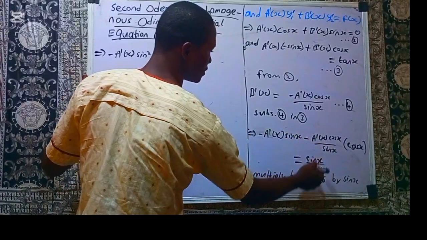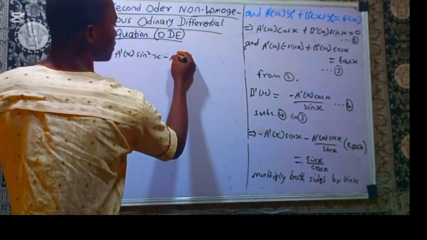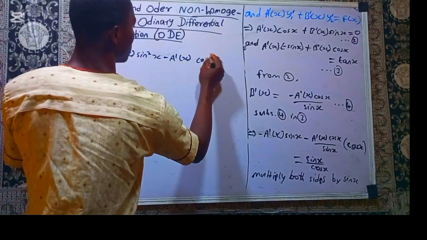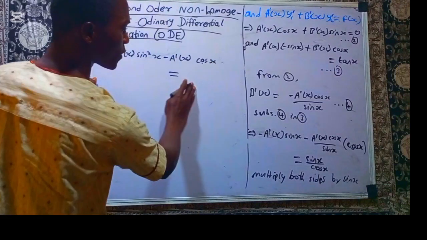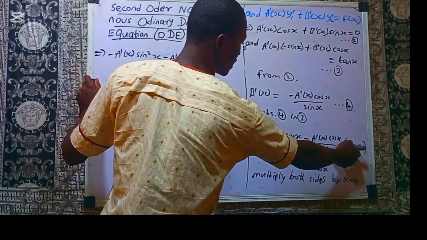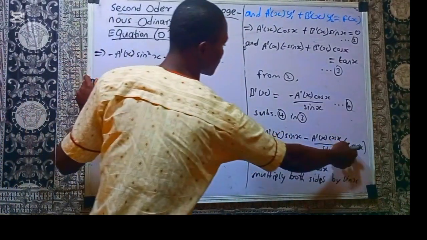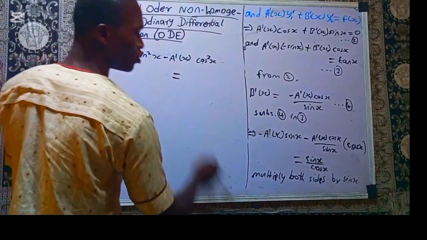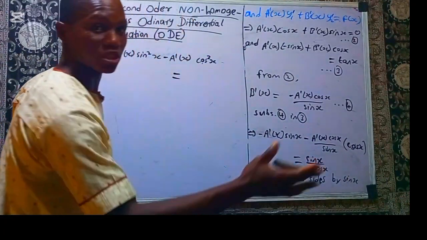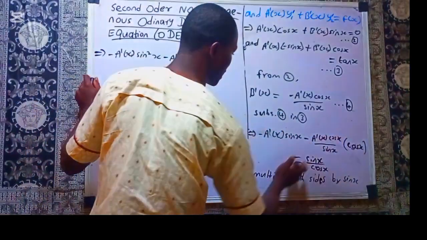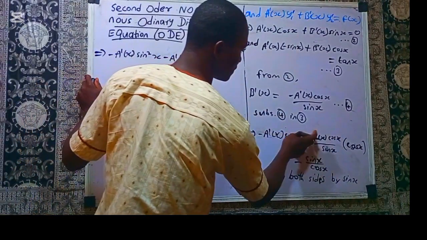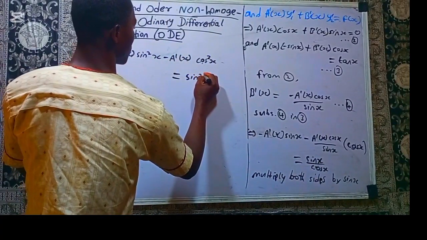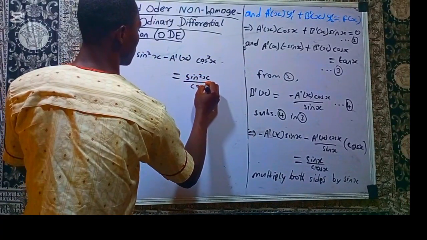The sine here will cancel it. So you now have negative a prime of x cosine x. Multiply cosine by cosine, I have cosine squared. Then equated to, I multiply everything here by sine x, so I have sine squared x divided by cos x.